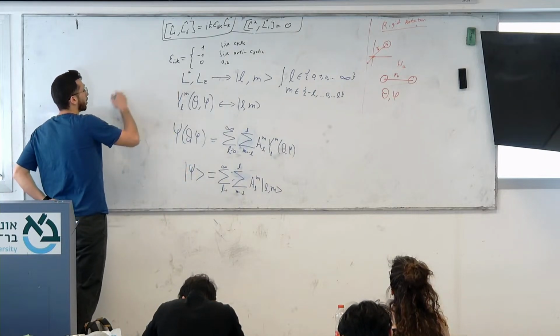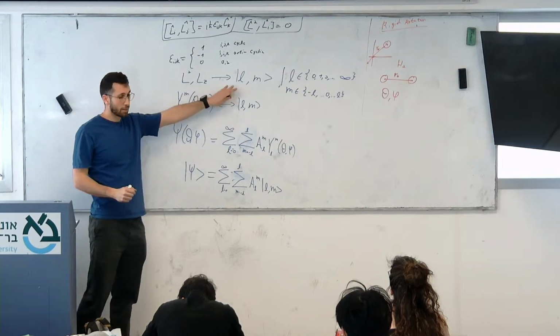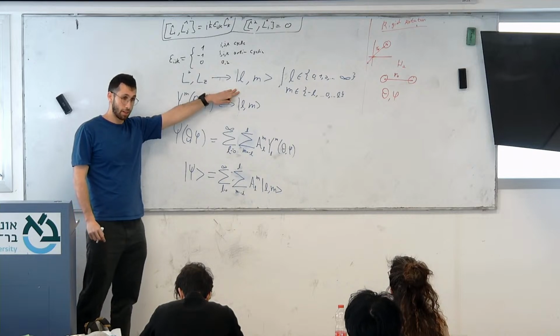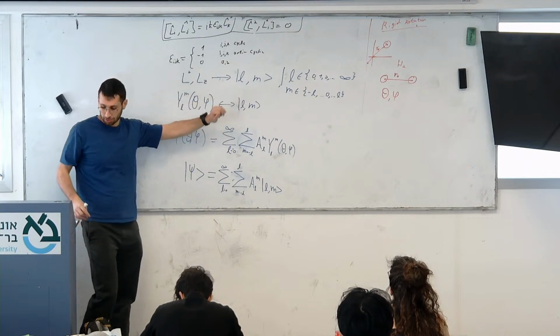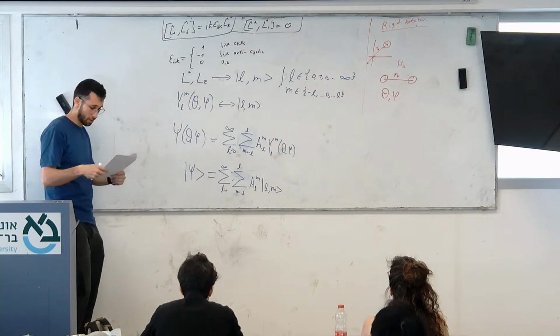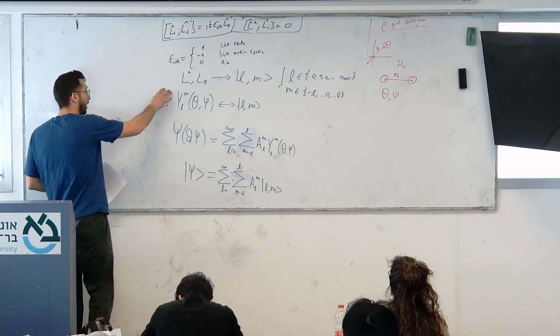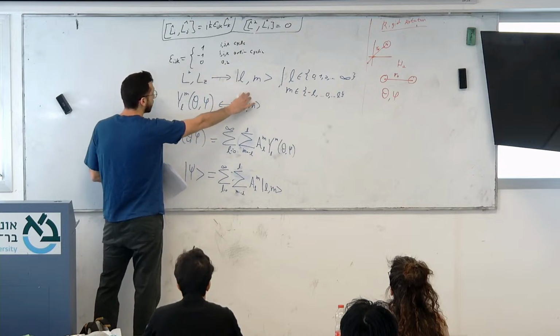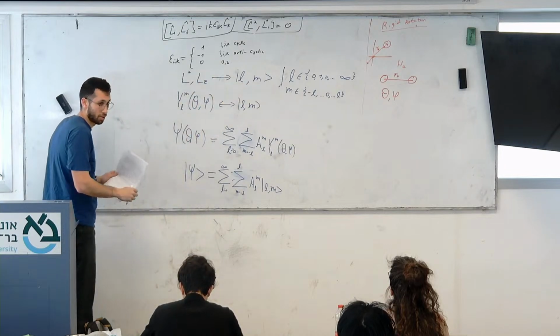When we apply those operators, they relate to those quantum numbers or quantum states. How do they relate? Those states are eigenstates, or eigenvectors, for these operators.